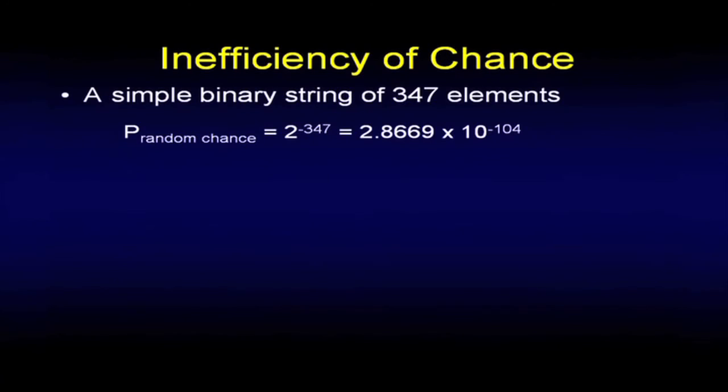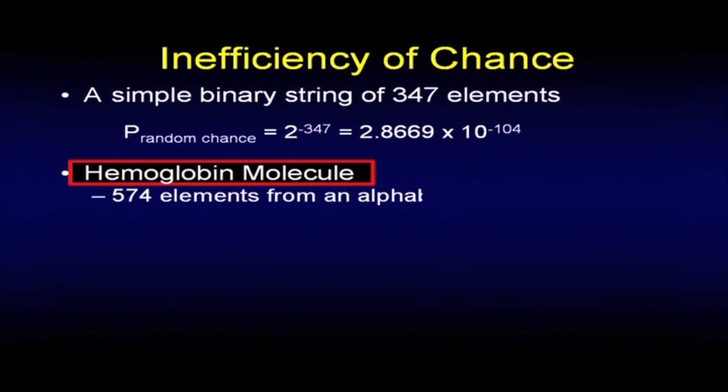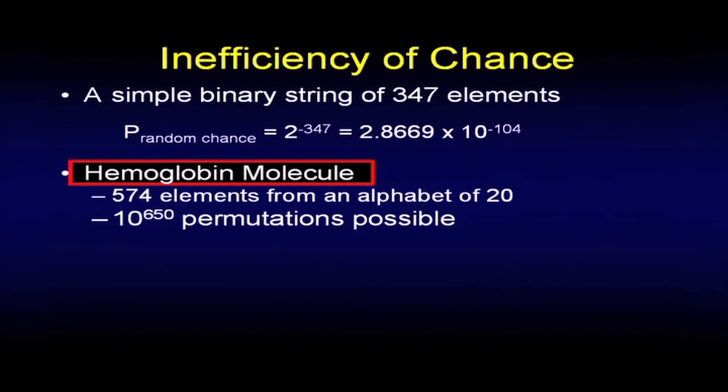Now, chance itself is pretty inefficient. Say this just happened by evolution, just randomness. Well, the probability of random chance of 347 beads that are black and white, we said, was 10 with 104 zeros after it, right? A hemoglobin molecule, 574 elements from an alphabet not of 2, of 20. There's 10 to the 650th power permutations possible.